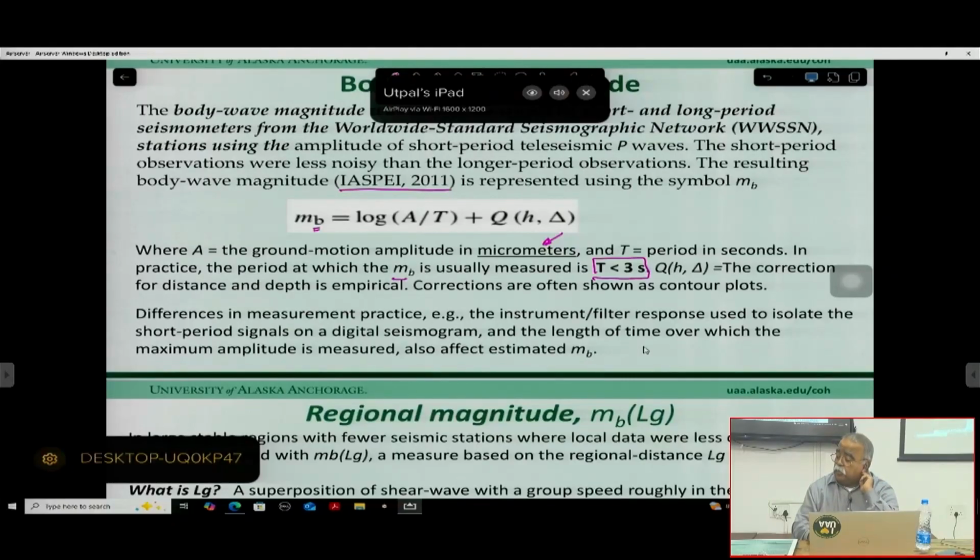So as I tried to tell you, there are different ways and different processes of measurement, and some of the measured values are not unique.